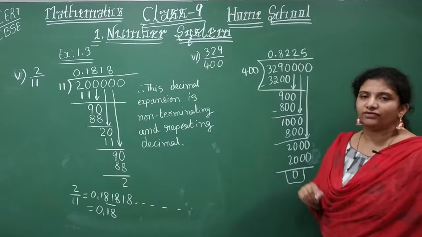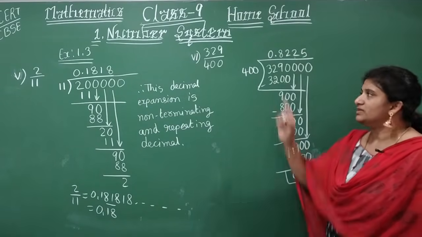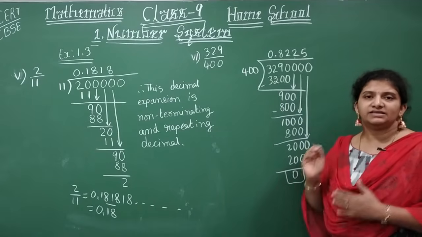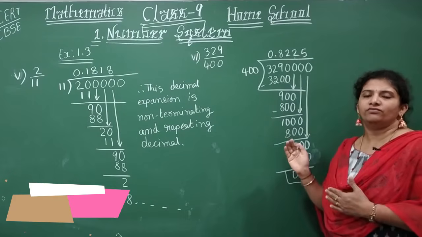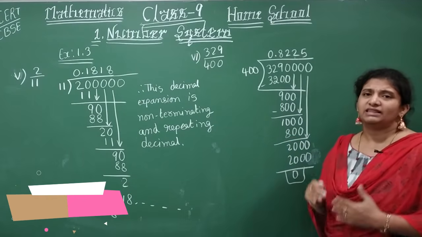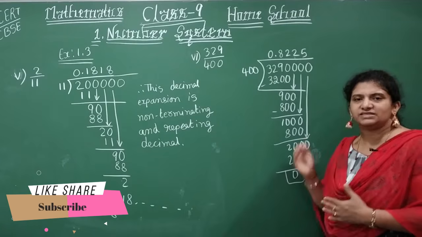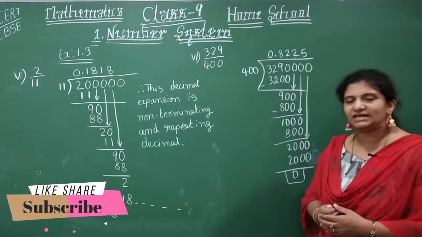So observe carefully here what we are going to say. This division, we get a decimal expansion, there is an end for it. There is an end means this decimal is a terminating decimal.